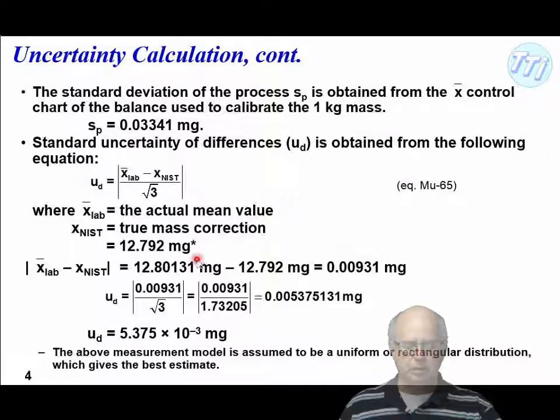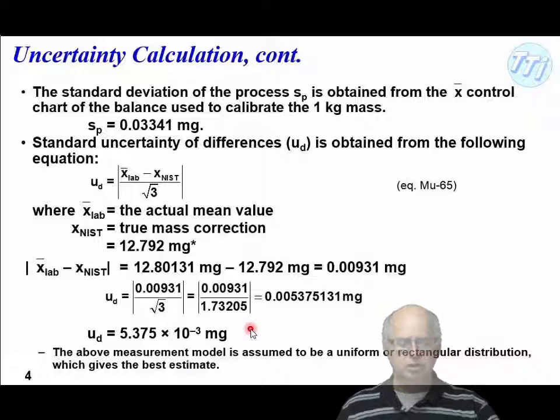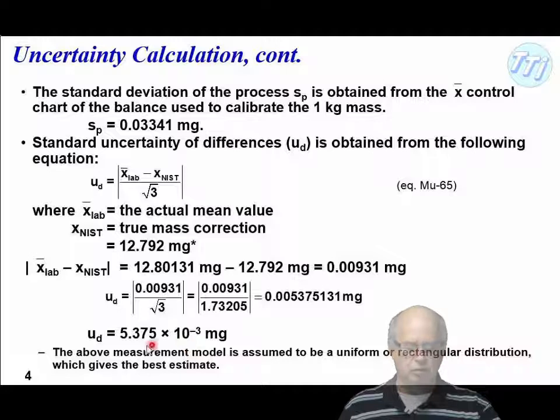So putting the numbers in, we can now find the standard uncertainty due to the difference between the control chart average and the expected value from the NIST is 5.375 micrograms, or 5.375 times 10 to the minus 3 milligrams.